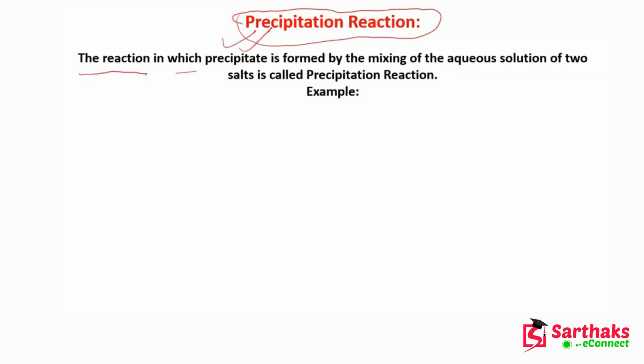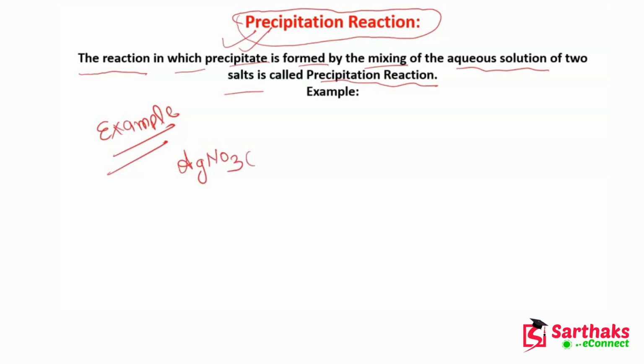The reaction in which precipitate is formed by the mixing of aqueous solution of two salts is called precipitation reaction. So if you mix two aqueous solutions and a precipitate is formed, that reaction will be known as precipitation reaction. If I write an example of this precipitation reaction, it will be AgNO3, and I will take it in a solution.